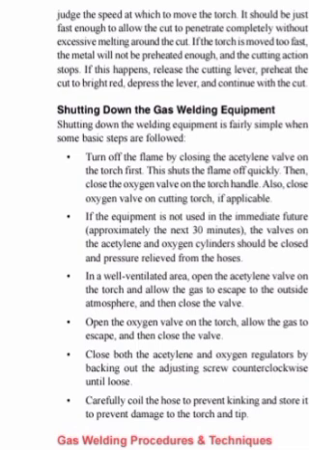Open the oxygen valve on the torch, allow the gas to escape, and then close the valve. Close both the acetylene and oxygen regulators by backing out the adjusting screw counterclockwise until loose. Carefully coil the hose to prevent kinking and store it to prevent damage to the torch intake.